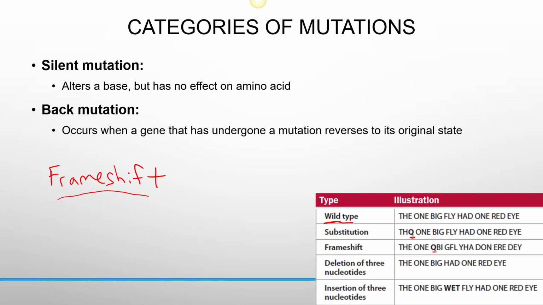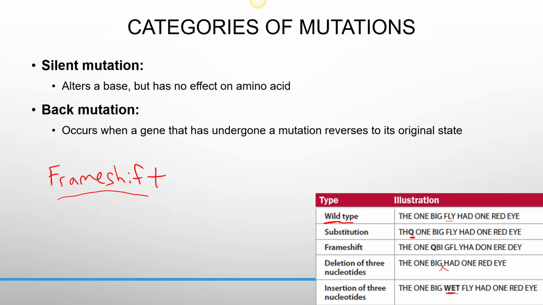If you delete 3 nucleotides, so you delete a series of 3, here they're deleting the word fly. The rest of it still makes sense, you're just missing one big word or one amino acid in the ultimate protein that this produces. If you insert 3 nucleotides, like you add in this word, the rest of it is still identical to the wild type, but now you have this extra word in here, so this symbolizes the addition of an extra amino acid.